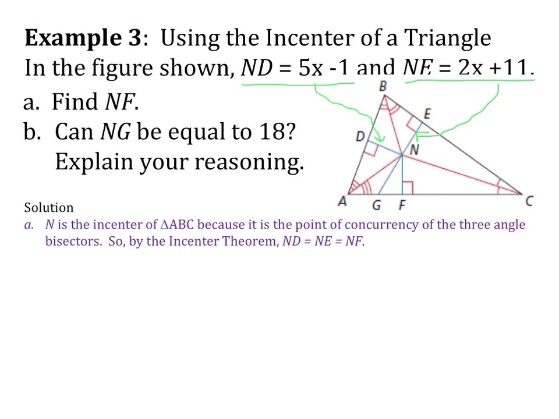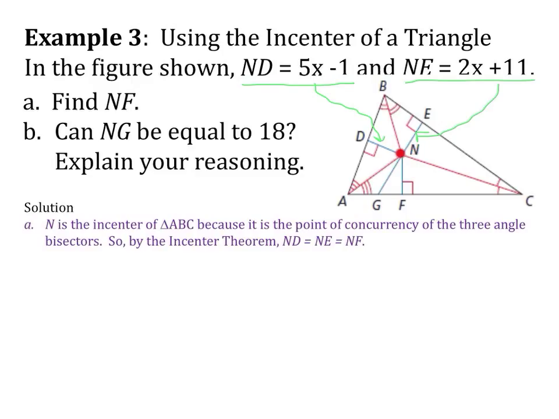All right, after we label our picture, note that N is the incenter of triangle ABC because it is the point of concurrency of the three angle bisectors. So by the incenter theorem, we can conclude that ND equals NE, which equals NF. So all three angle bisectors come together at a common point. That common point is called the incenter.